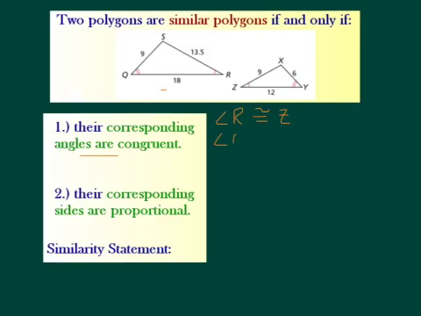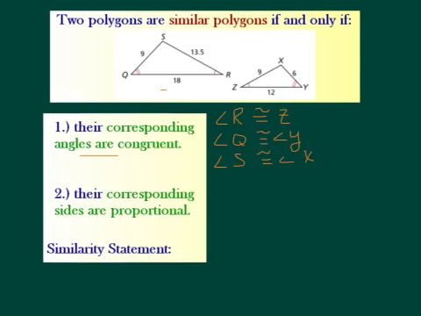We have angle Q, and we can see that it's congruent to angle Y. Then we have the third angle, angle S, and by the third angle theorem, we know that angle S has to be congruent to angle X. Okay, great. So we know that there is a set of corresponding angles that are congruent to each other. Now let's see if the corresponding sides are proportional.